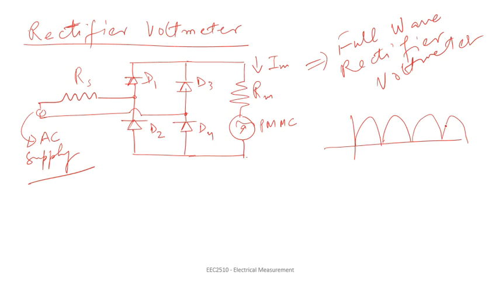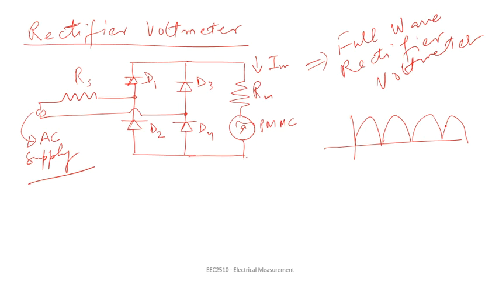Generally these rectifier type instruments use silicon diodes to convert the AC quantity into a series of unidirectional current pulses, which will produce the positive deflection when passed through a PMMC type instrument.